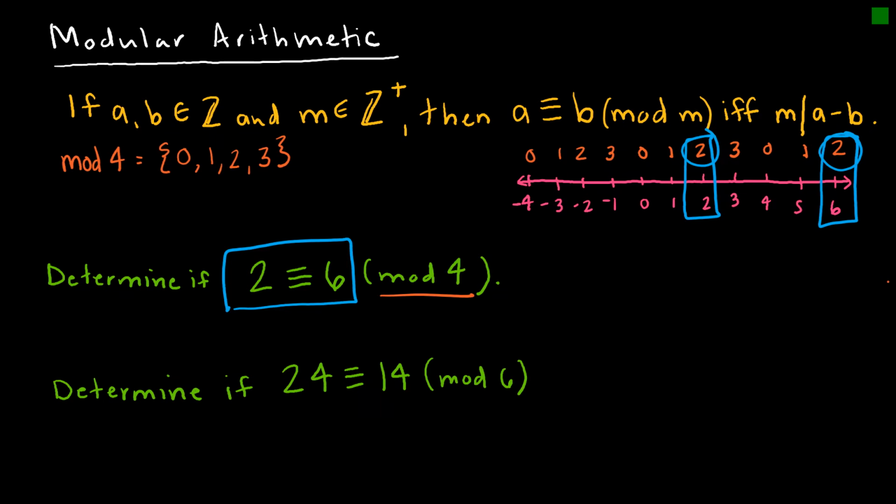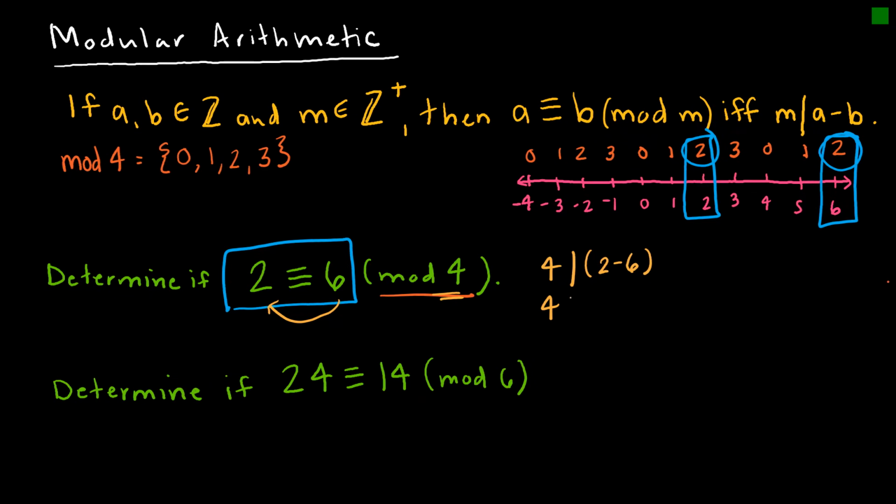Now what I want to do instead is look at my definition. My definition says I can determine that without making a number line and counting everything out by asking, is the difference between these two values divisible by 4? And that is what we're asking here. So does 4 divide 2 minus 6, or 6 minus 2, which would give us the same result?